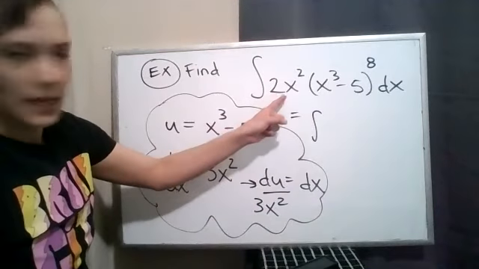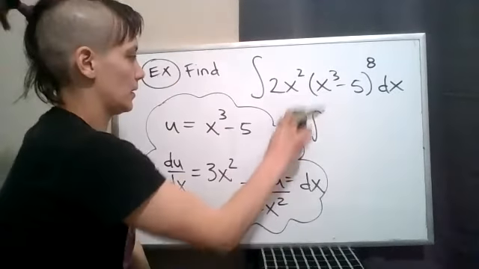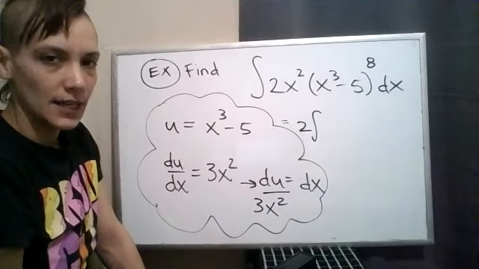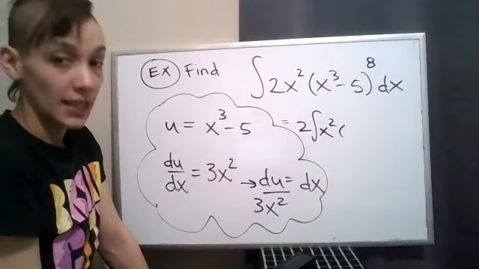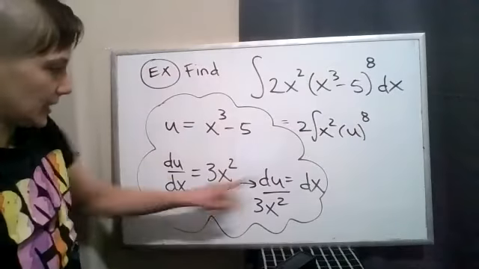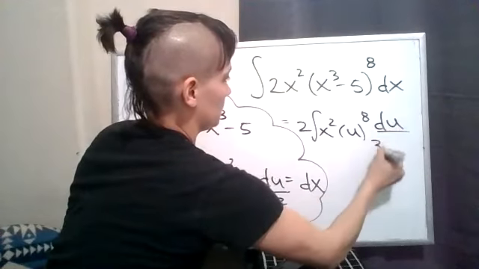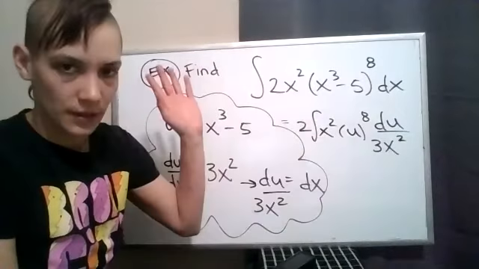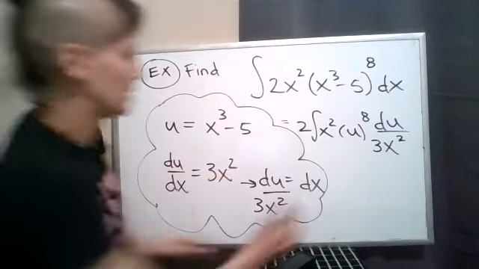I'll take out that 2. There's x squared, I've got u to the 8th, and dx is du over 3x squared. So those x squareds are going to reduce. And I've got 2 times the integral of u to the power 8 du.